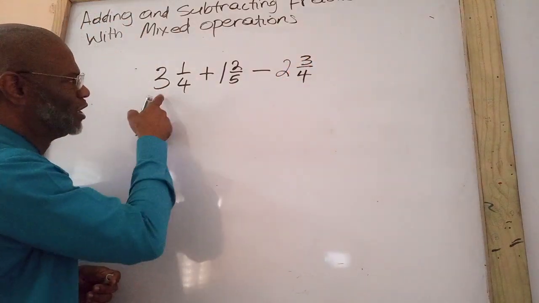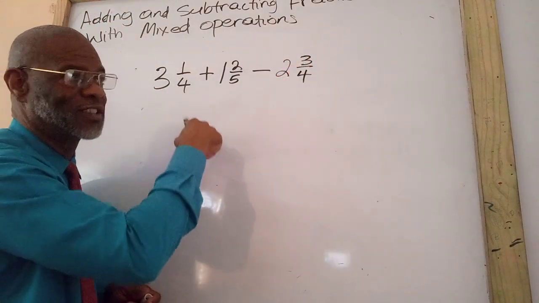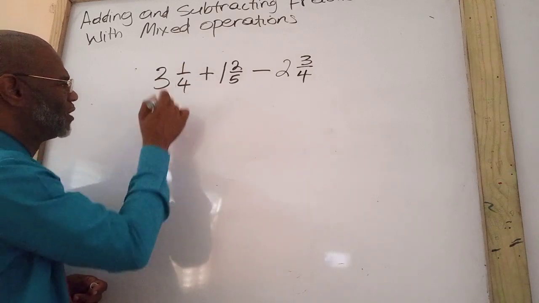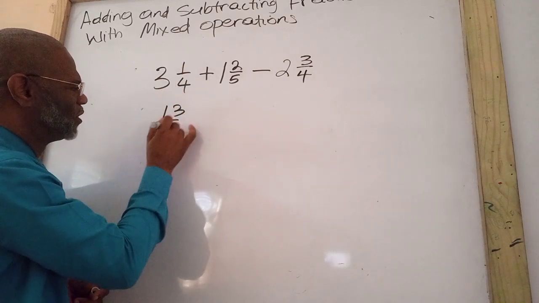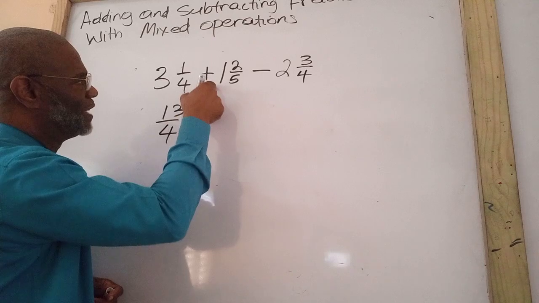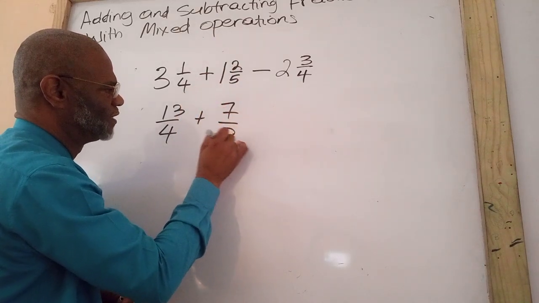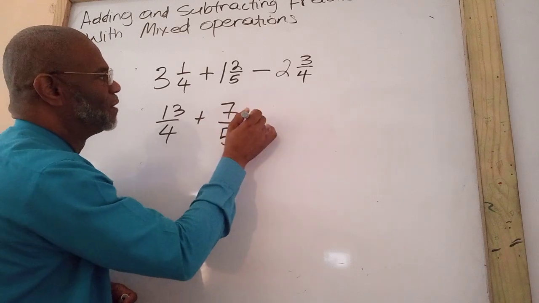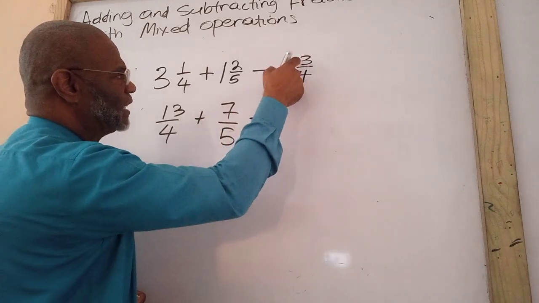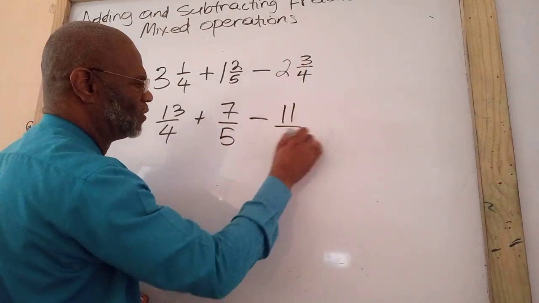Now what's the first step? So let's change them to improper fractions. So 4 3s are 12 and 1, 13 over 4, plus 5 and 2, 7 over 5, sorry, minus 4 2s are 8, 9, 10, 11 over 4.